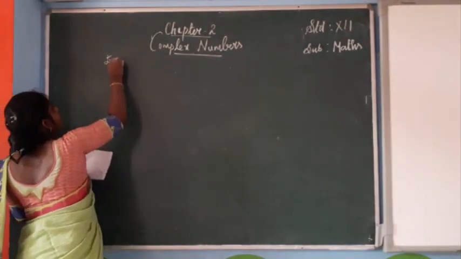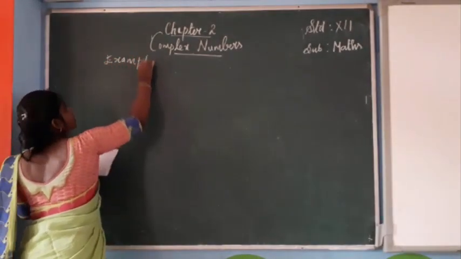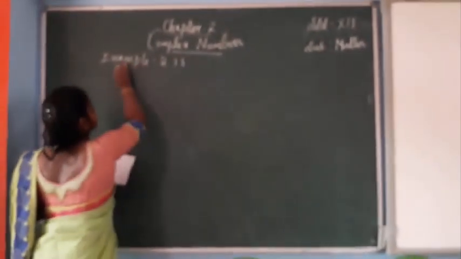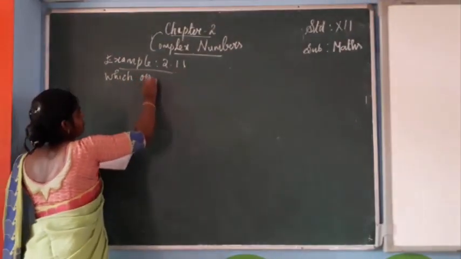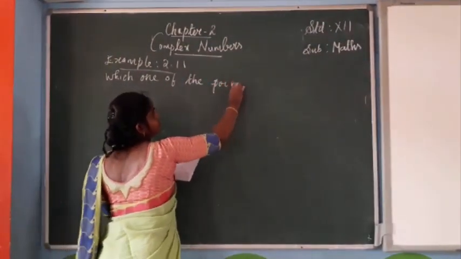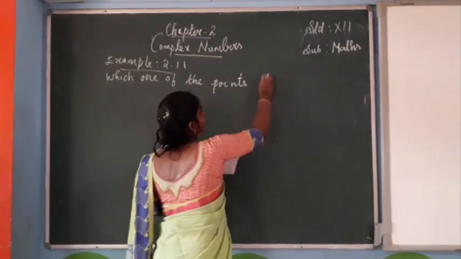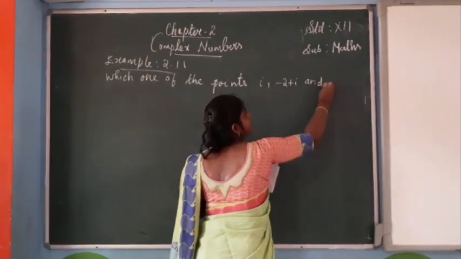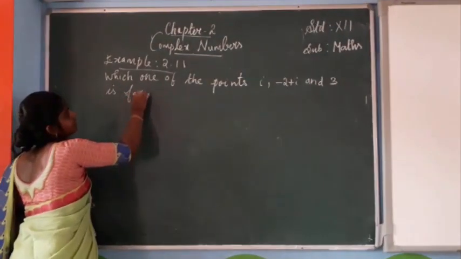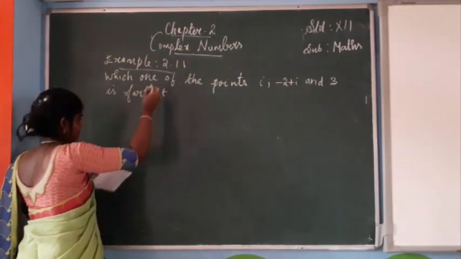Example 2.11. Which one of the points i, minus 2 plus i and 3 is farthest from the origin?